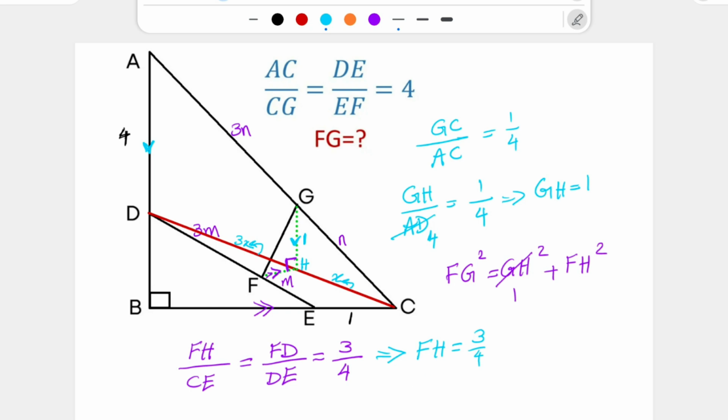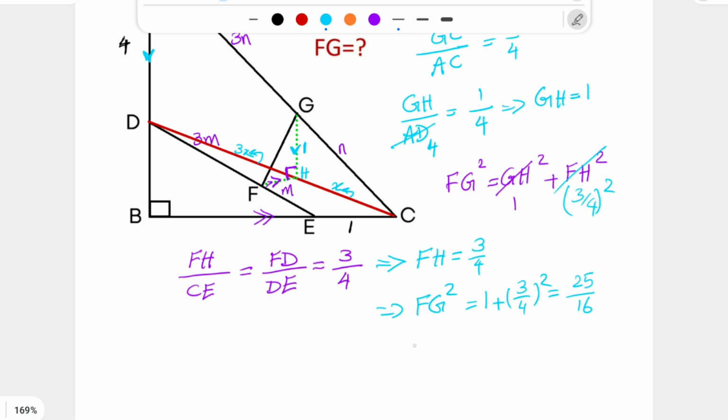And using the Pythagorean theorem and this 3 over 4, we can write that FG squared is equal to 1 plus (3 over 4) squared, which is equal to 25 over 16. Or FG is equal to 5 over 4. Beautiful.